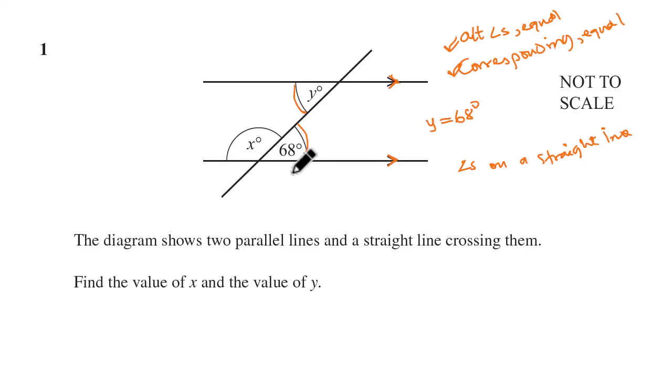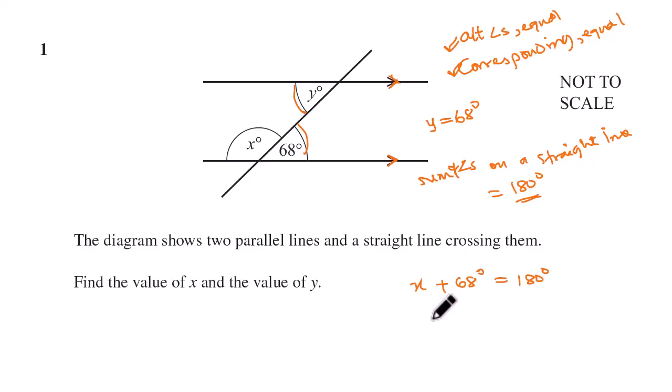So for angles on a straight line, the sum is always equal to 180 degrees. So I will say sum of angles on a straight line is equal to 180 degrees. That is an established statement. So what we need to do is to simply say x degrees plus 68 degrees is equal to 180 degrees.